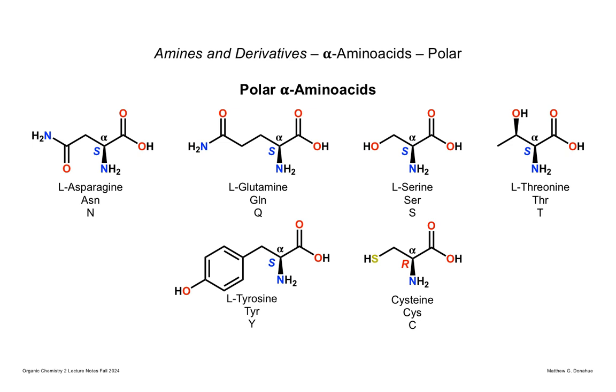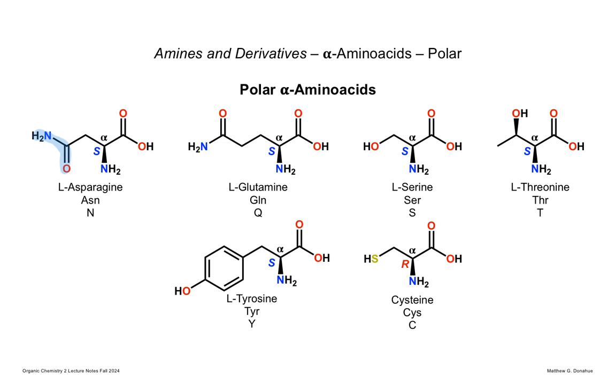And so now look at the side chains of the polar ones. You're going to see amides, alcohols, thiols. So asparagine, ASN or N, has an amide in the side chain.